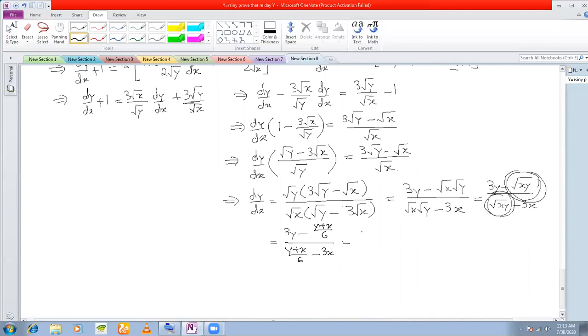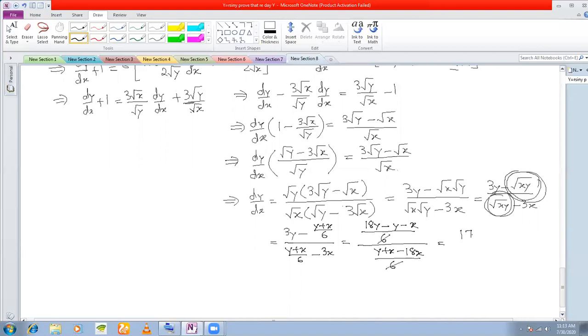Now take the LCM. (18y minus y minus x), y plus x minus 18y, 18x. So ultimately this 6 and this 6 will cancel.